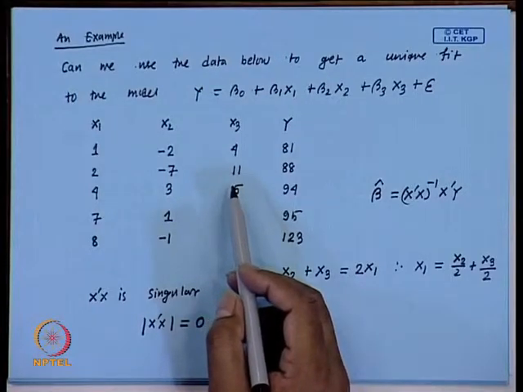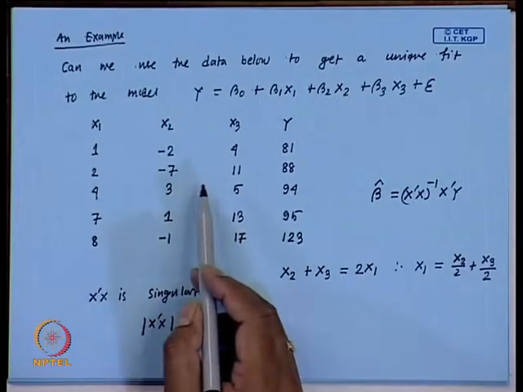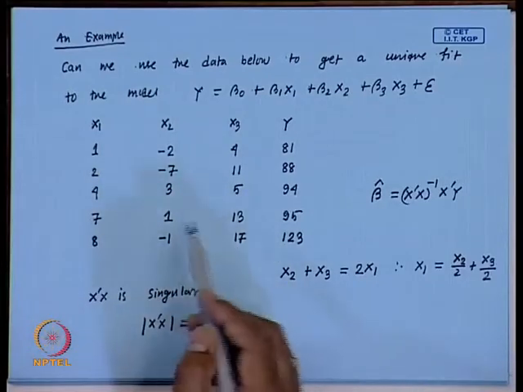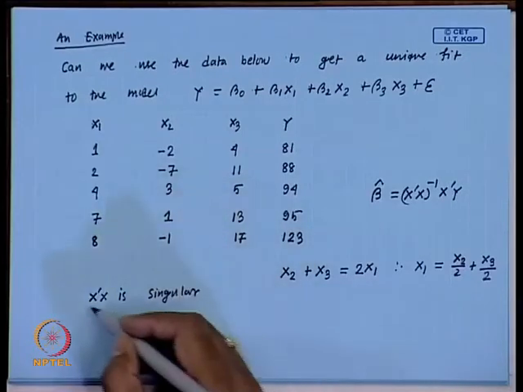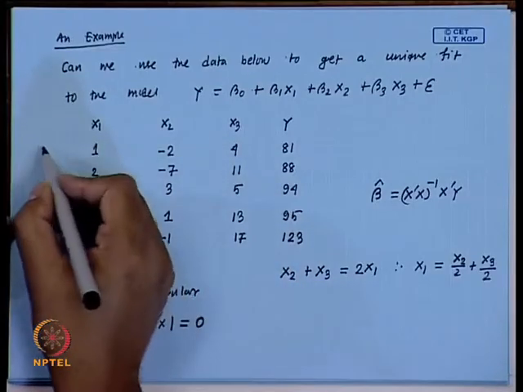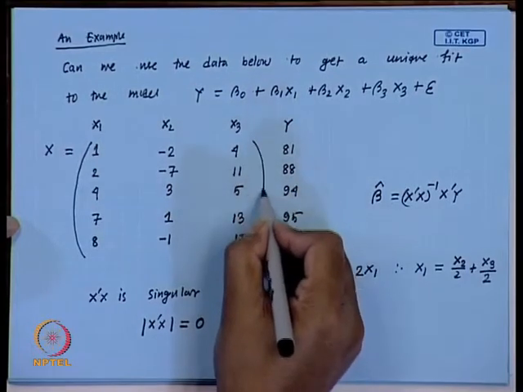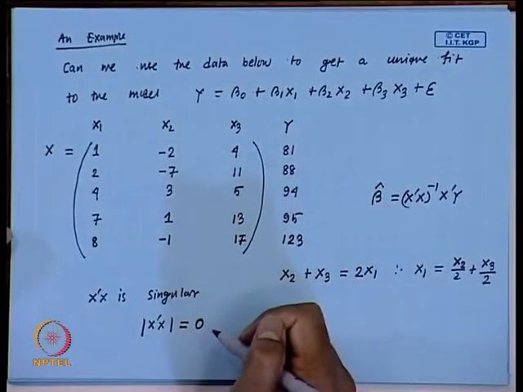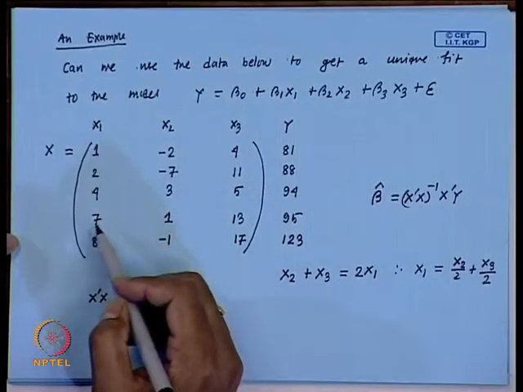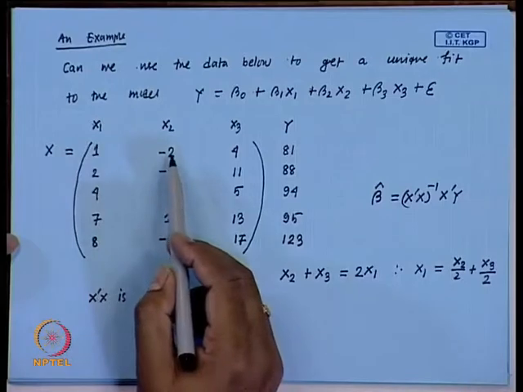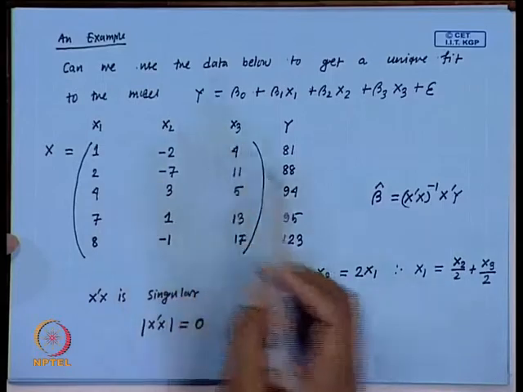So, this is an example which illustrates the definition of multicollinearity. In this particular data, the problem of multicollinearity exists because of the columns of X. The X matrix is nothing but this one. Here one column, for example the first column, can be written as a linear combination of x 2 and x 3.